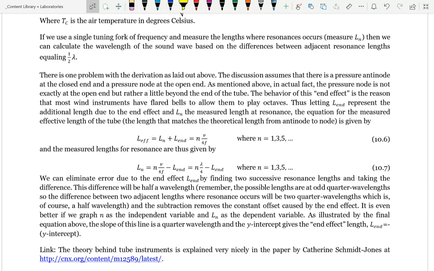Well, I put v over 4f. I don't even know why I did that. The important equation is 10.7. So in 10.7, we solve for the length that you're measuring, which is equal to n times wavelength over 4 plus the end effect. So what you are going to do is first take this thing and fill it with water.